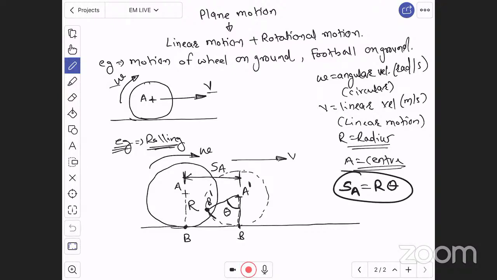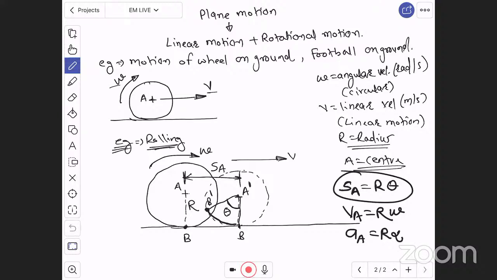The linear displacement of A is R theta, as well as linear velocity of A point, that is linear velocity of center point, is R omega, radius of wheel into angular velocity. Linear velocity of A is radius of wheel into angular velocity. And linear acceleration of A is R alpha, radius of wheel into angular acceleration.